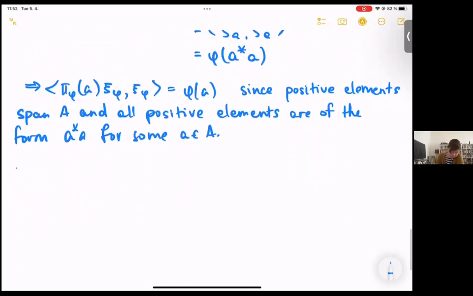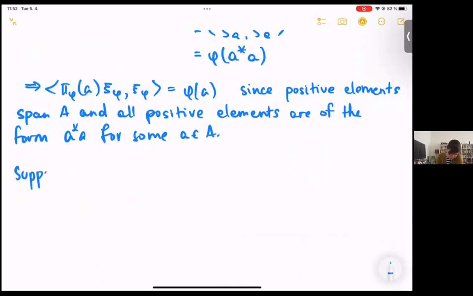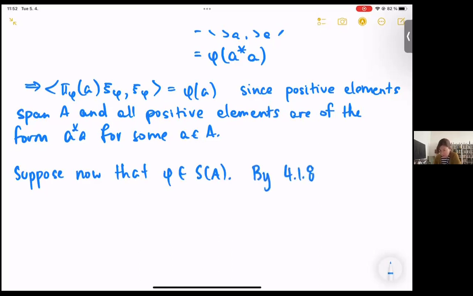Okay, so now we've got to show that, so suppose now that phi is a state. So by 4.1.8, we saw that phi always has a unique norm preserving extension to the unitization.